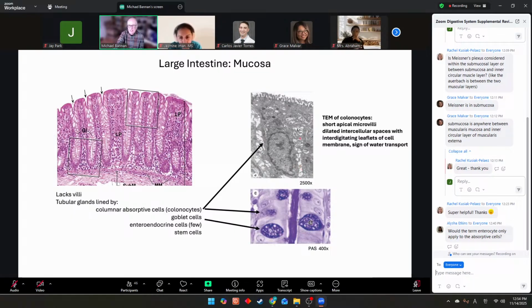And this provides the increased membrane surface area to allow the cell to maximize its function of resorbing water and electrolytes. You'll notice that the modifications on the apical surface are much less developed than what we see in the small intestine. These we would call blunt microvilli, right? Instead of the real well-developed microvilli that we see on the surface of the small intestine.